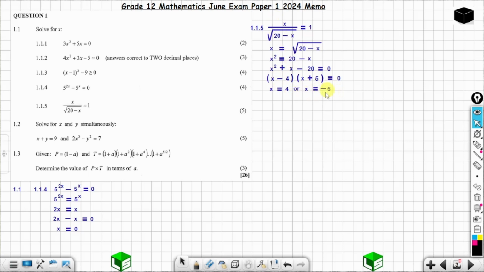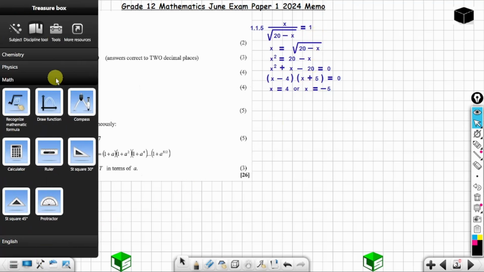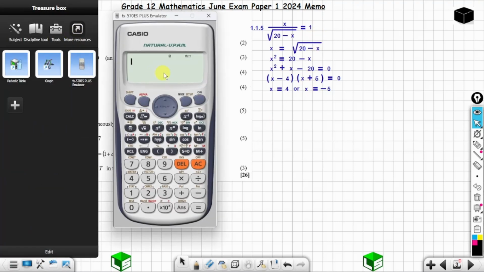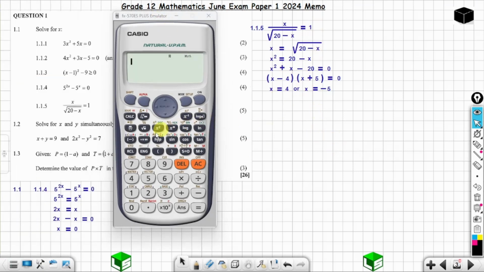Okay, always check your answers. Check that the left side is equal to the right side. Let's see. So you can use your calculator if you want. You have x over this. Let's use 4.